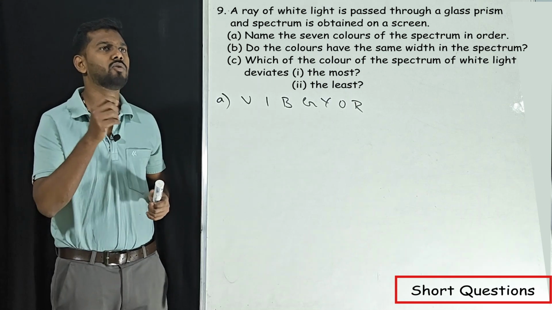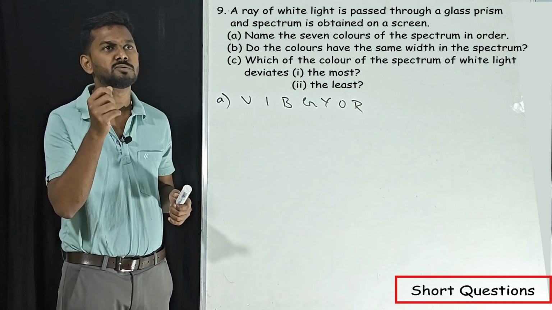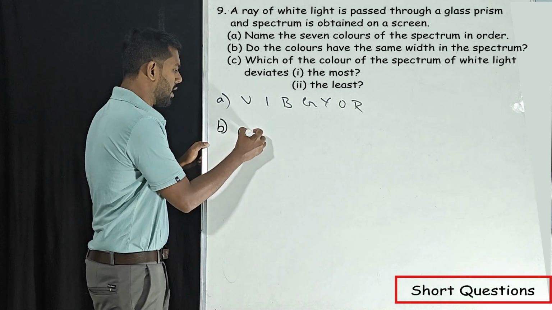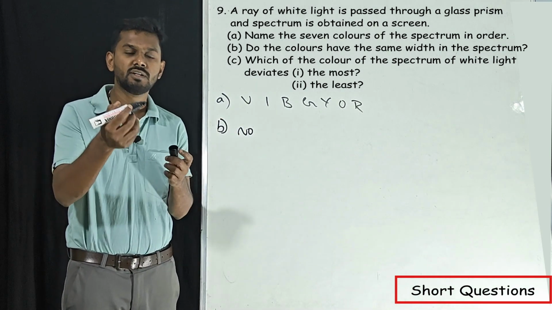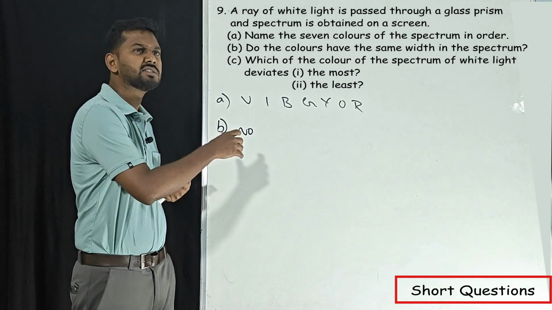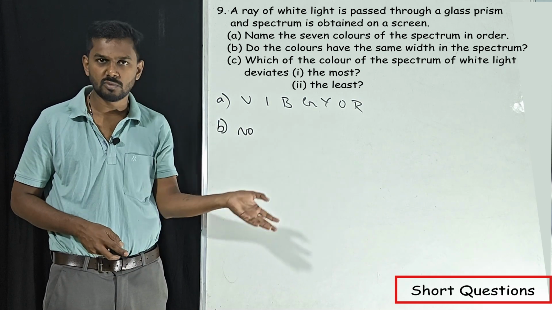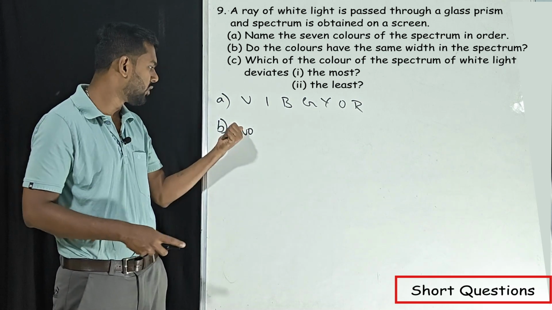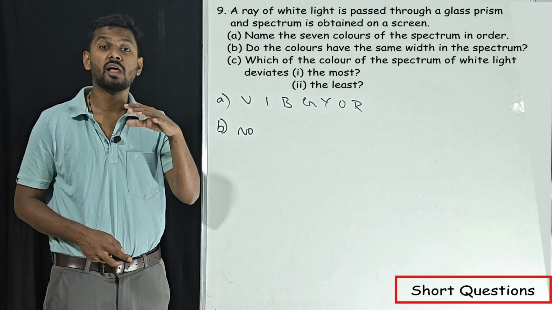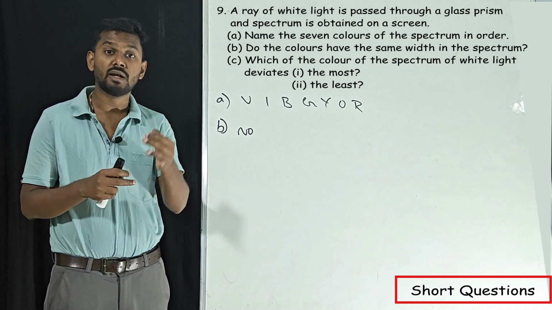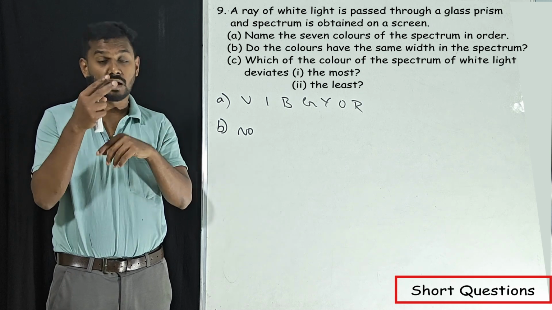Next sub question: do the colors have the same width in the spectrum? For this question, the answer is no. Different colors will have different widths. Why are we not discussing the reason? The reason is not given in the textbook, and there are many reasons. It depends upon wavelength, deviation, the refractive index, and color also.